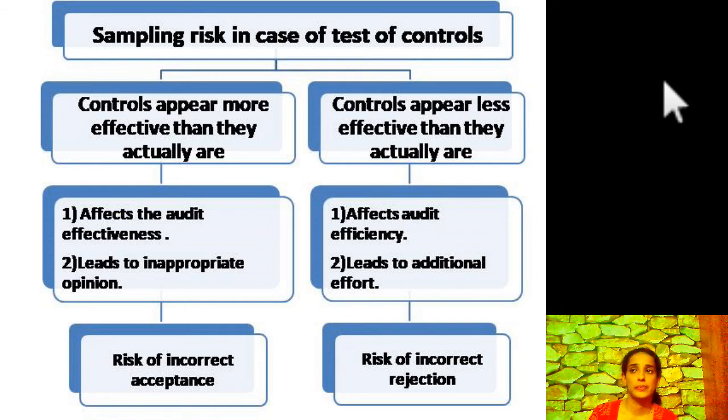Now, the auditor has gone for a verification of the manufacturing unit. Each and every section is being verified by the auditor, and he finds that there is a proper surveillance system, there is proper monitoring of what happens within the manufacturing unit.